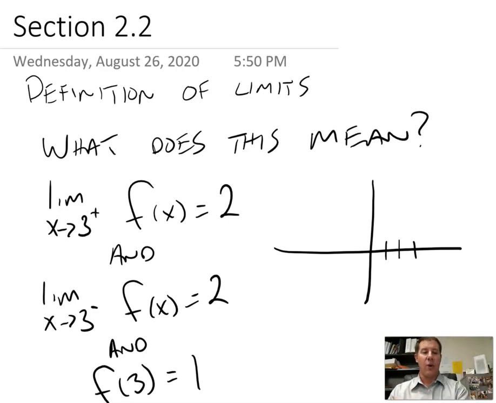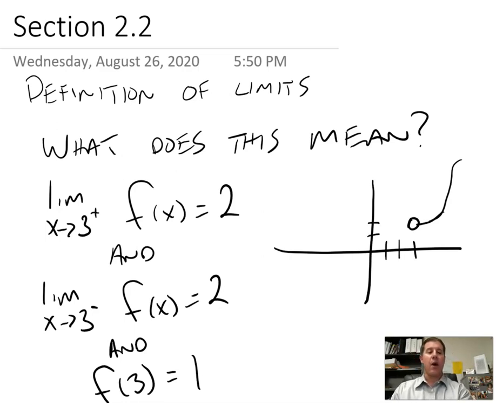I don't know exactly where I'm coming from. I just know that I need to approach 3, and as I approach 3, the fact that the limit is 2 is telling me that the y value is going to be 2, that I am at 2.